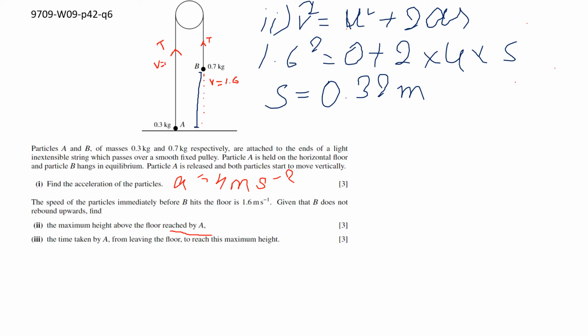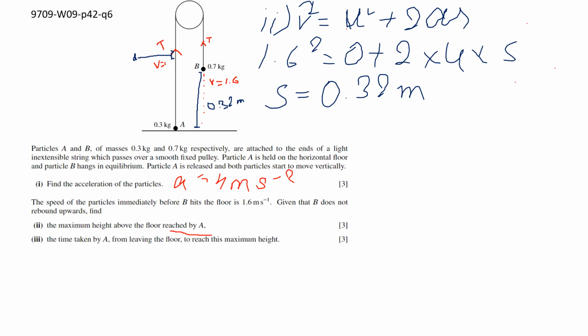So the distance of this is 0.32 meter. And you need to know one thing: when B falls down, there will be a slack, so you also need to calculate this distance in this type of question.